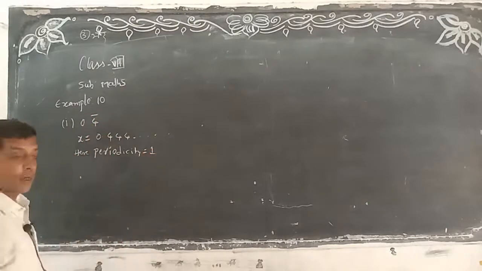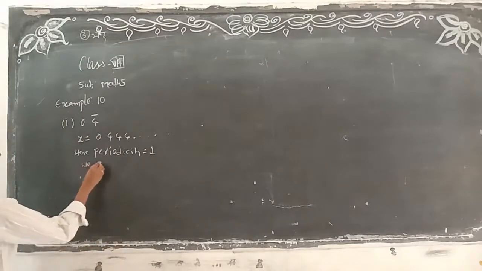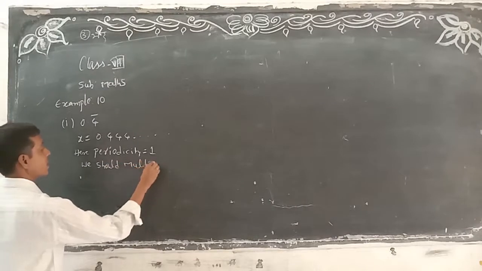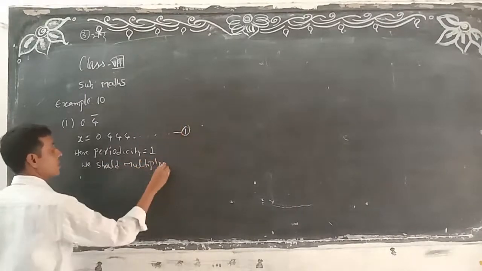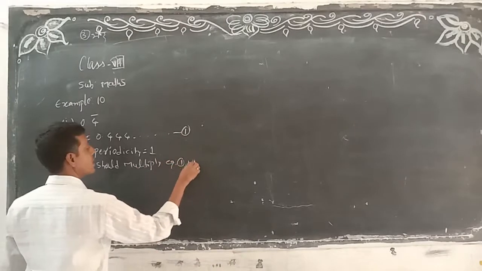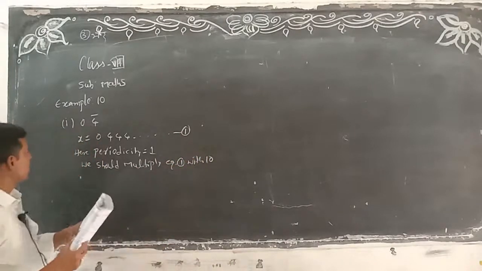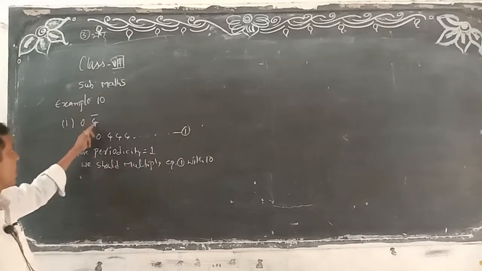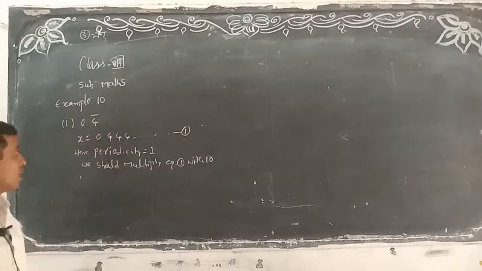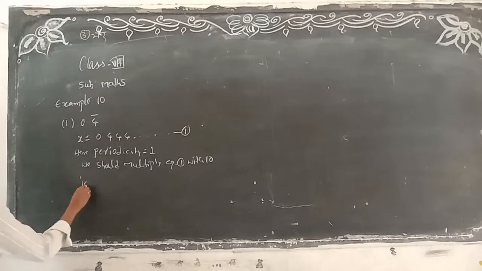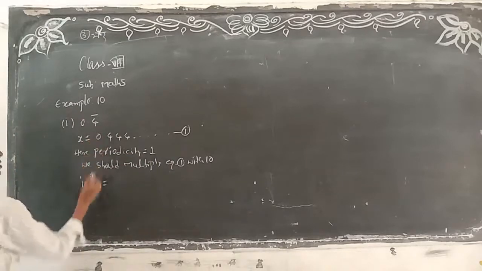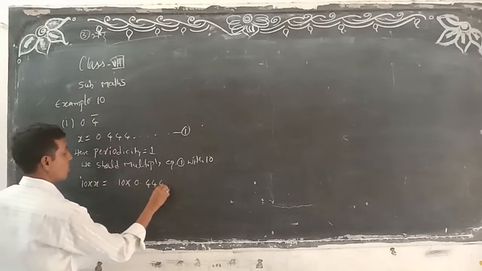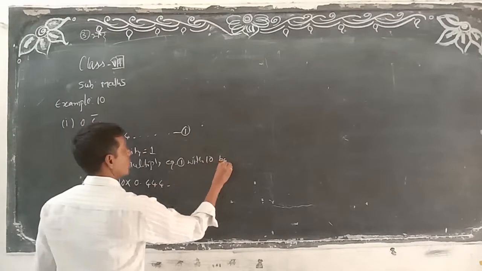If you have only one number under the bar, we should multiply with 10. If the bar is over two numbers, we should multiply with 100. So this is equation 1. Multiply 10 into x, and again multiply 10 into 0.444 on both sides.